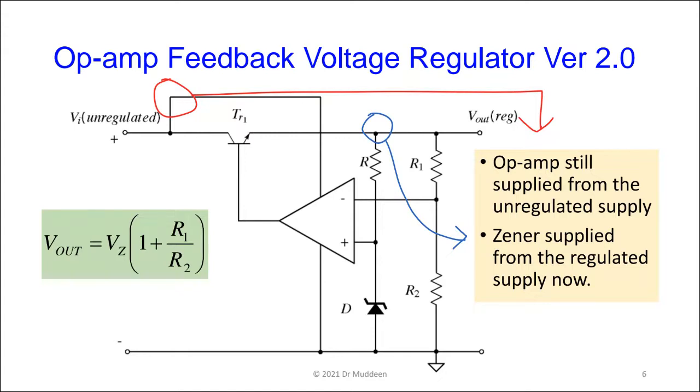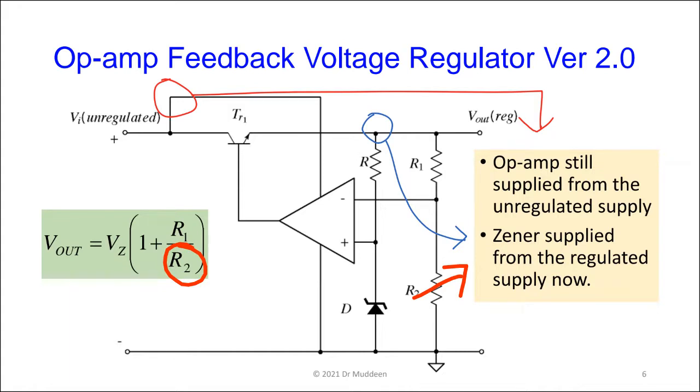So if you make R2, for instance, variable, then depending on the value here, the output is 1 plus R1 over R2. So if R2 changes, then I could get it from very low to very high, depending on the value of R2.